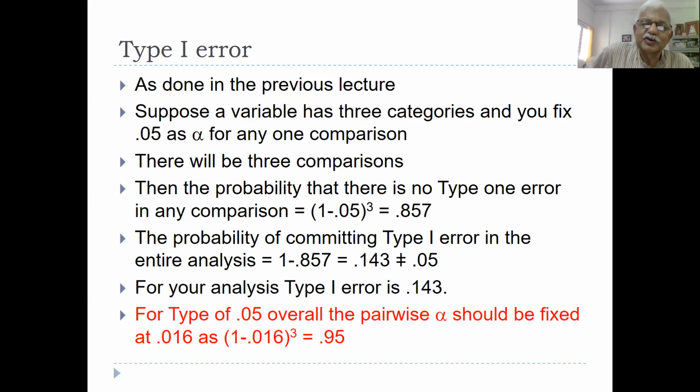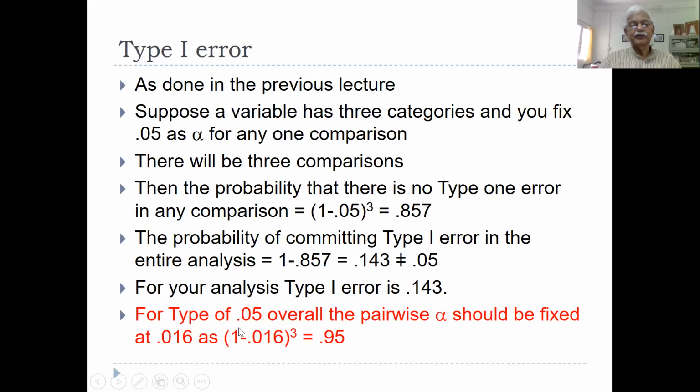So I wish to draw your attention to this fact: although you are rejecting or not rejecting the value of F assuming p to be 0.05, in the entire analysis your p value is 0.143, which is higher than 0.05.